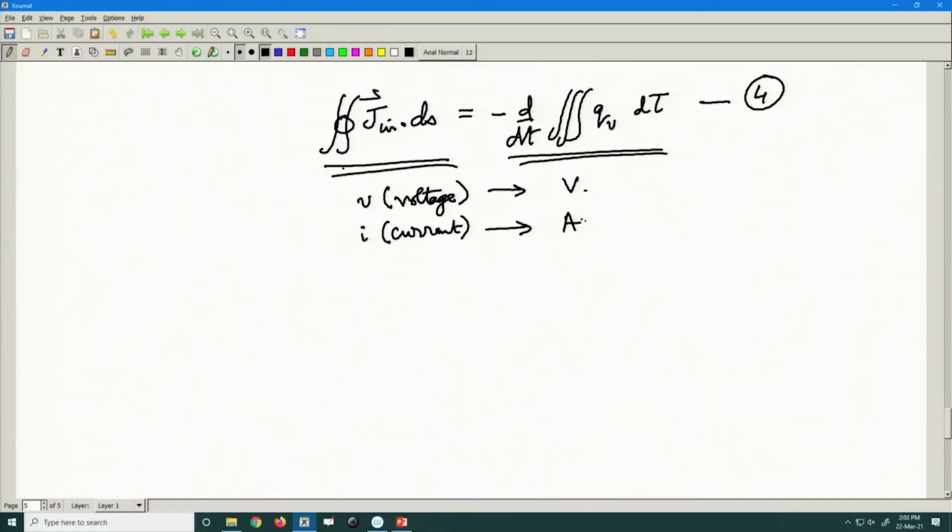I, the current measured in amperes. Q, the electric charge measured in coulombs.